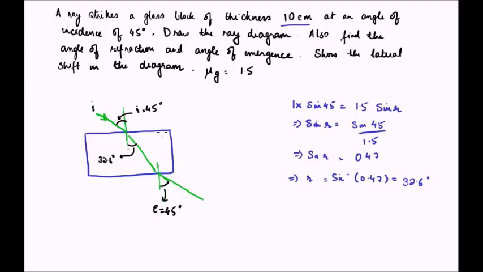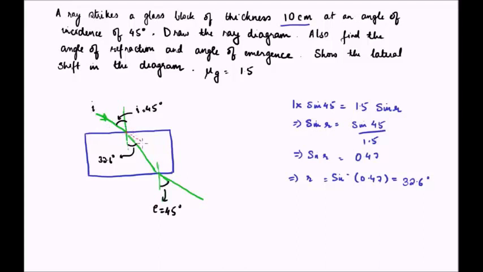Fine. Now the final part is telling us to show the lateral shift. To show the lateral shift, we need to find the shift between what would have been the ray of light if there was no glass block, and the ray of light since there is a glass block. So we need to extrapolate our incident ray.